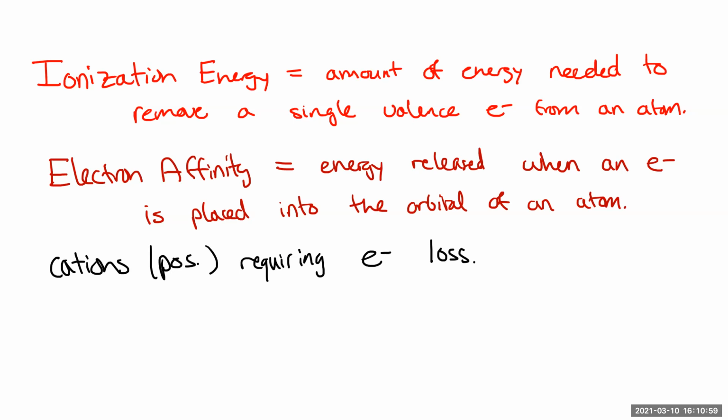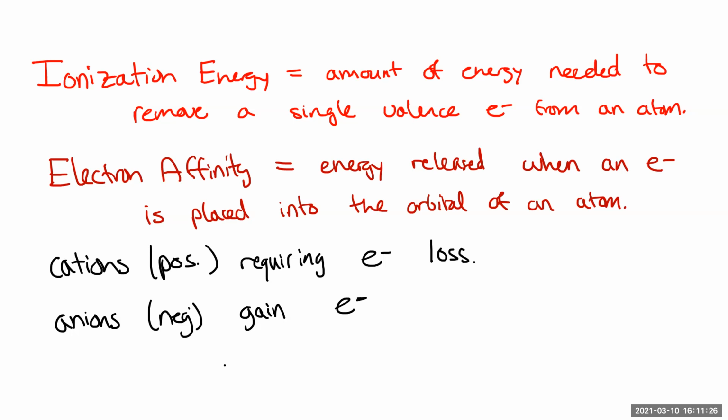They go through an ionization energy process, essentially, you could say. In comparison to that, anions gain electrons. Therefore, anions are negatively charged. Okay, to keep this consistent, they are negatively charged. Therefore, that requires them to gain electrons.